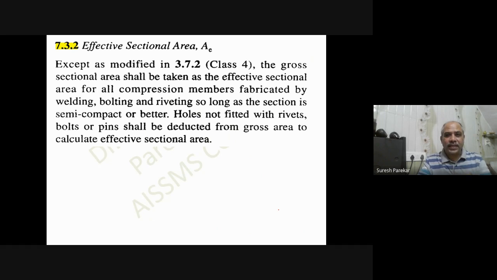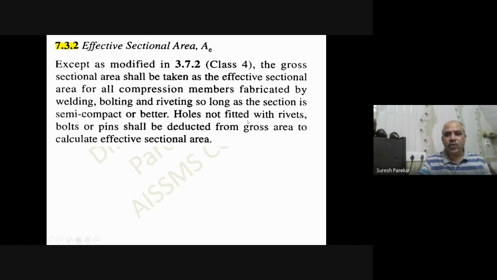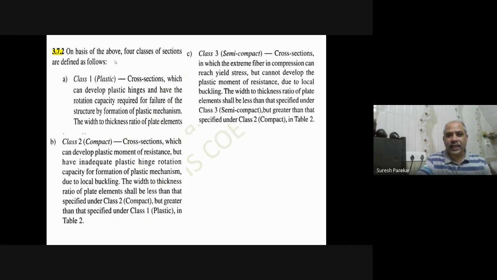Now, how will we calculate this effective sectional area? That is clearly given according to 3.7.2, and by using 3.7.2 we have to calculate this value of AE, which is the effective cross sectional area.